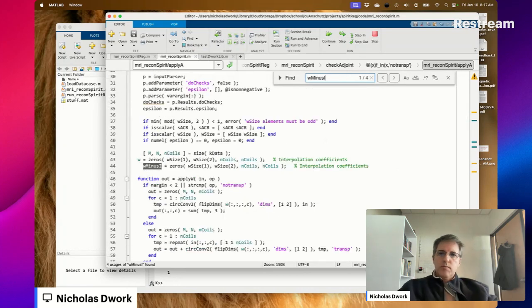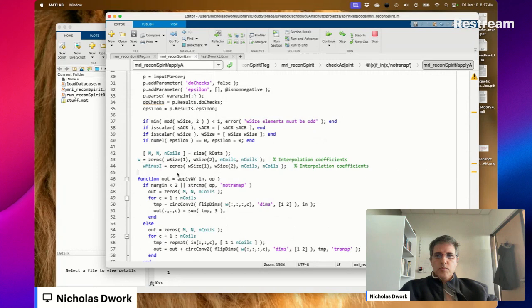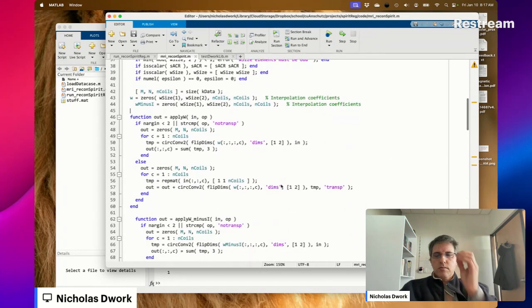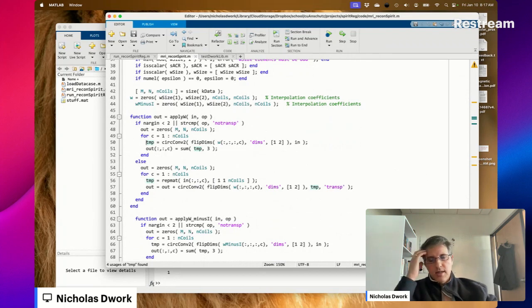Nope. Oh. Well, I was thinking maybe the fact that we're doing a two-dimensional convolution and then summing, maybe that has something to do with it. Maybe it does, but I don't see it just yet.